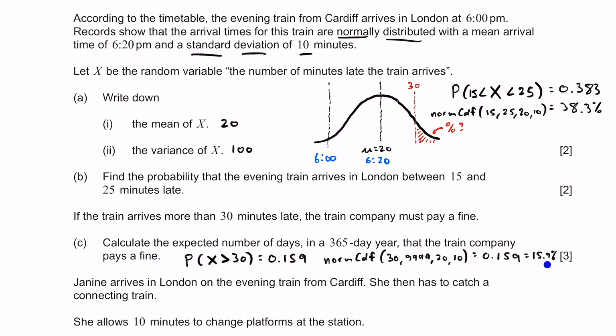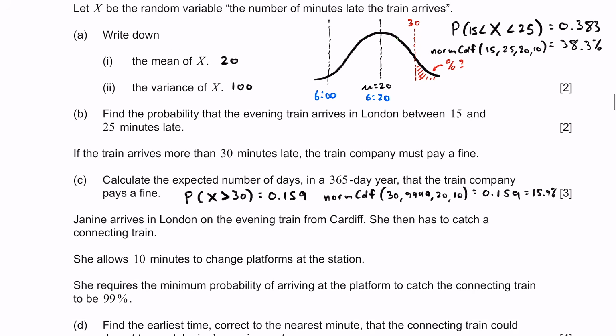Only 15.9% of the year does this train arrive late. So in terms of our expected frequency, we can just use E(X) equals n times p. In this case, we have 365 times 0.159, so essentially 15.9% of 365.